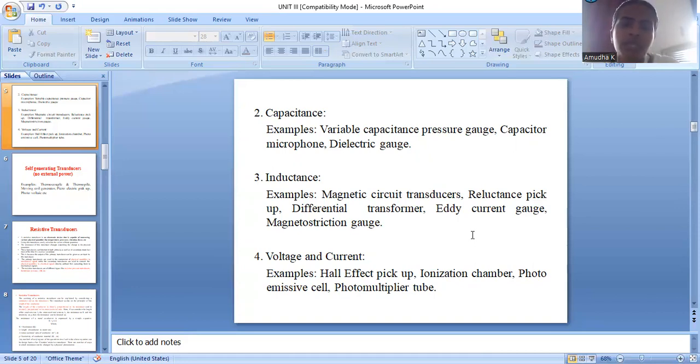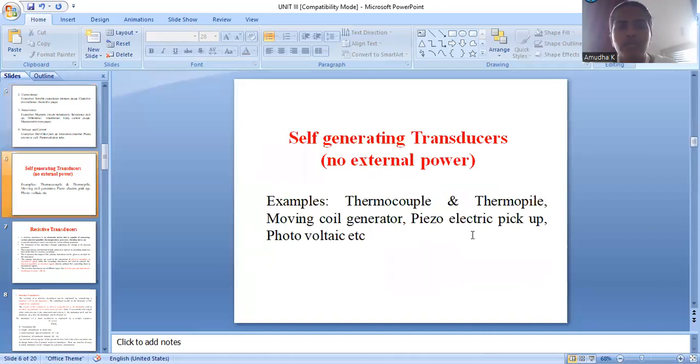To convert the physical form into voltage or current, the examples are the Hall effect pickup, ionization chamber, photoemissive cell, and photomultiplier tube. Then there are self-generating transducers, for which we need not give power externally, so no external power.